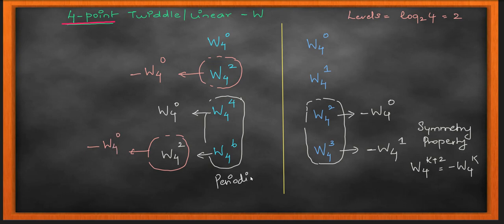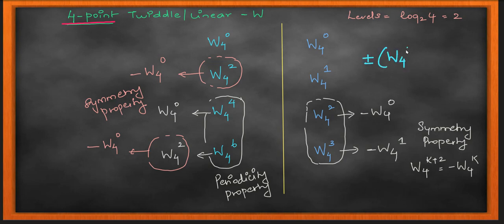This is very straightforward, and I'm just coming up with these twiddle multiples for my stage 2, which is plus or minus W40. So for my 4-point, I now have my twiddle factors for the first stage as plus or minus W40, plus or minus W41, and for my second stage, plus or minus W40.